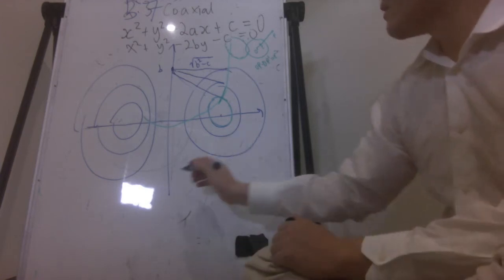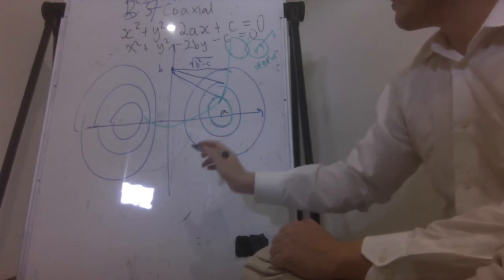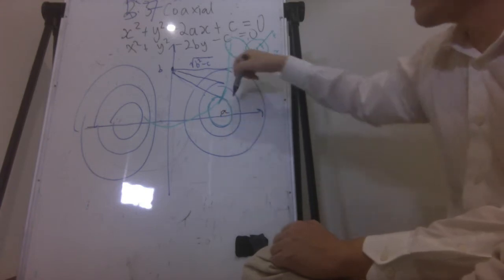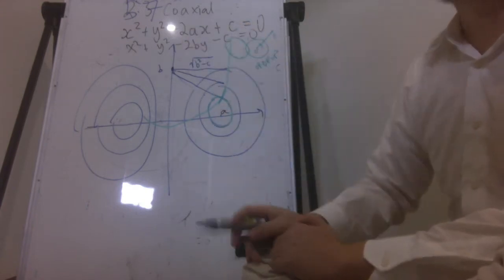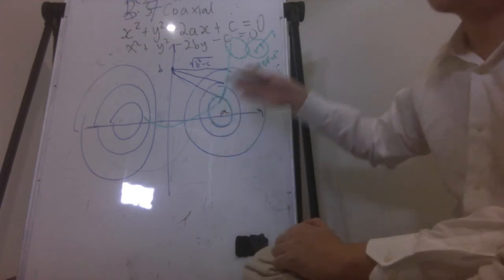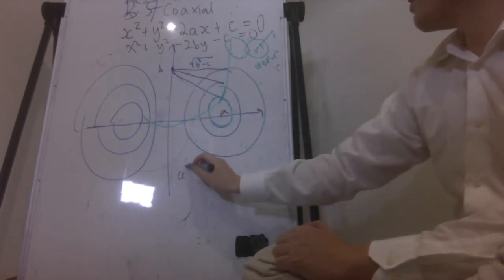Yeah, so they all have center A, right? No, they don't all have center A. The one you're looking at has center A, right? But they all have the same tangent length. But they all have center A as A varies. So the distance between A and B squared is A squared plus B squared, right?